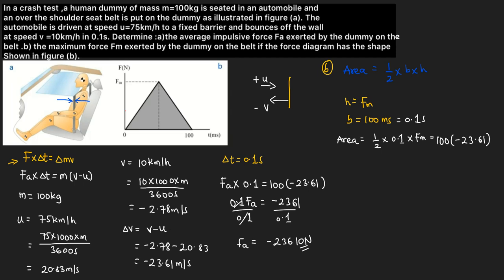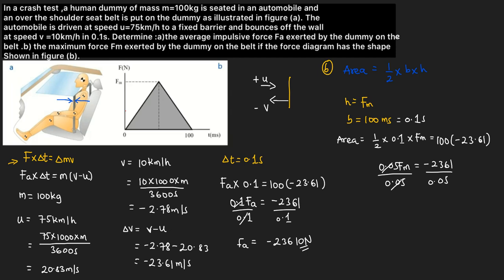Let's do this and see what you are going to get. Let's look at the left hand side first. We have 1 over 2 multiplying 0.1. That gives us a value of 0.05. So we're going to have 0.05 Fm equal to minus 2361. Then we divide both sides by 0.05, so 0.05 divided by 0.05 cancels out.